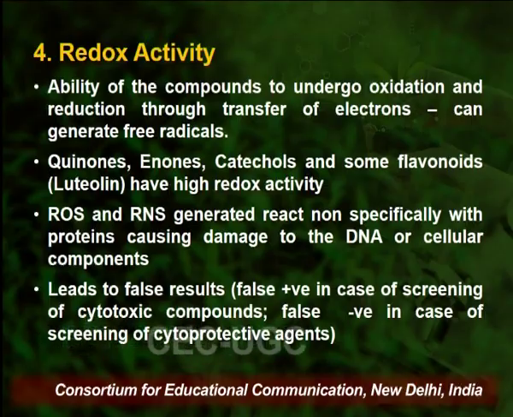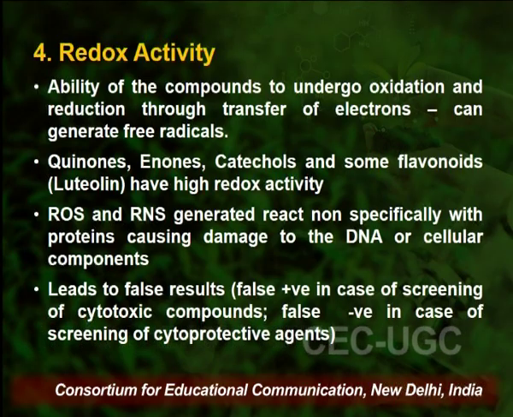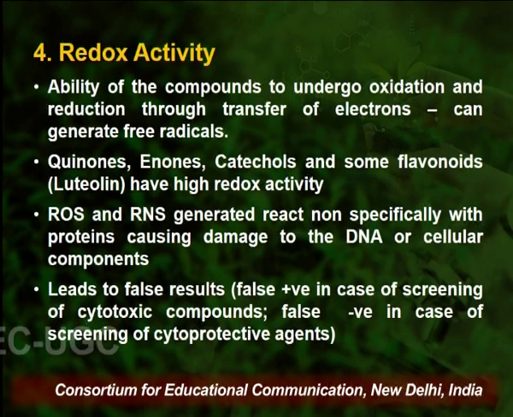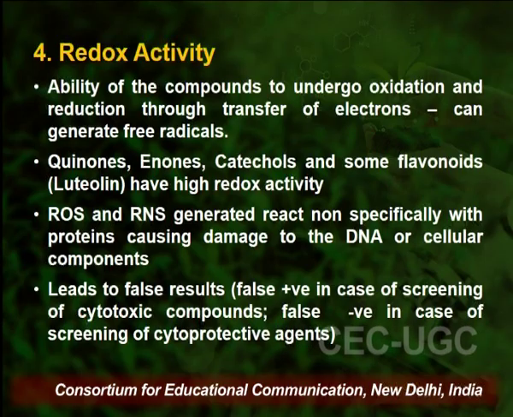Fourth mechanism was the redox activity. As I told you, redox activity is nothing but the ability of the compounds to produce free radicals. Quinones, enones, catechols, and some of the flavonoids, if used at a specific concentration, may produce free radicals, and these free radicals may lead to the damage of DNA or cellular components, thereby giving false results.